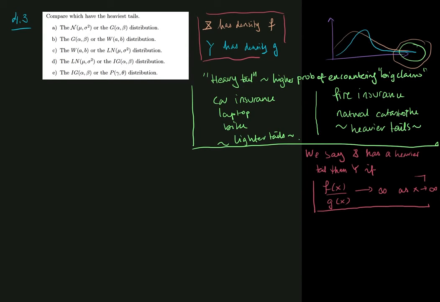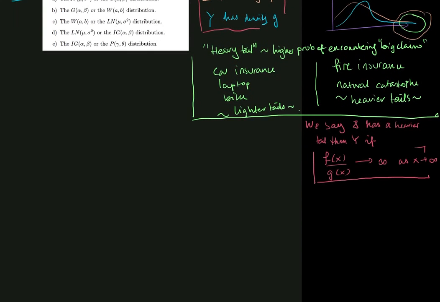The exercise text also provides us with a couple of other definitions. We say that x has a lighter tail than y if this ratio tends towards 0 as x tends towards infinity.